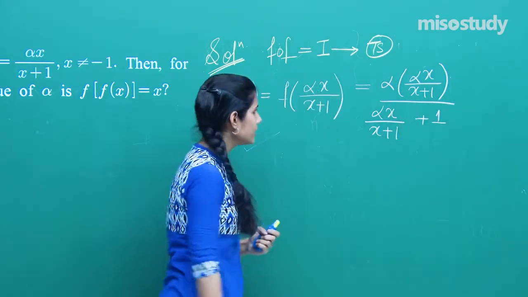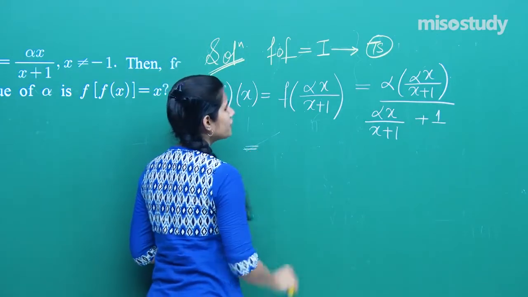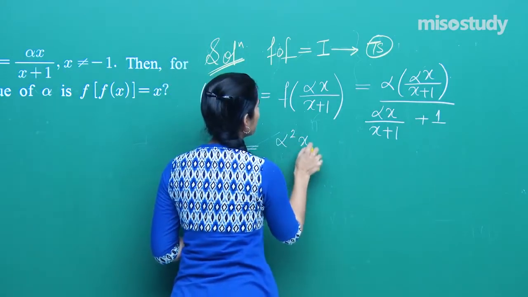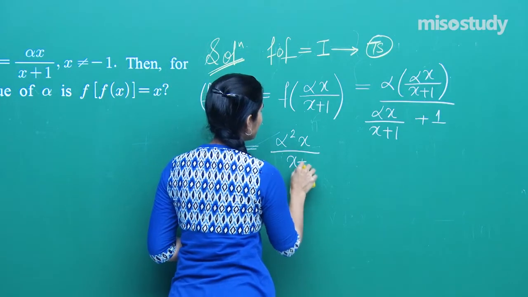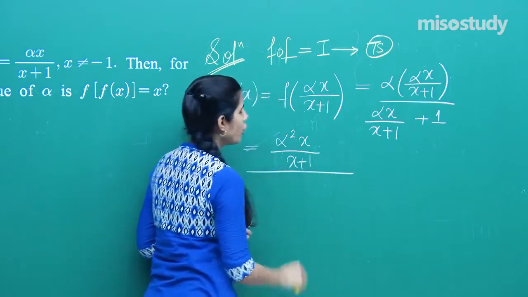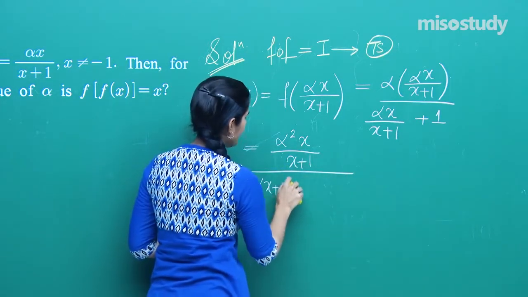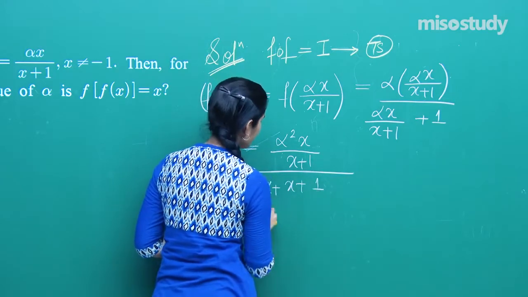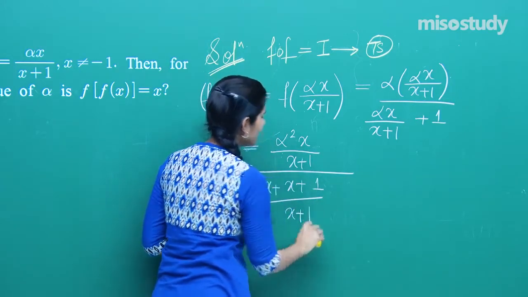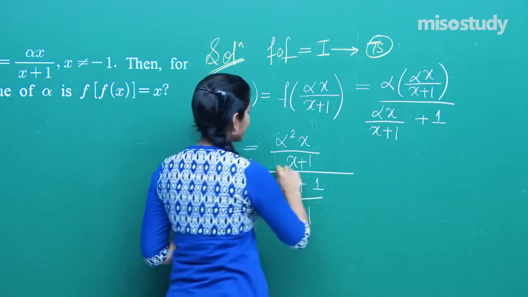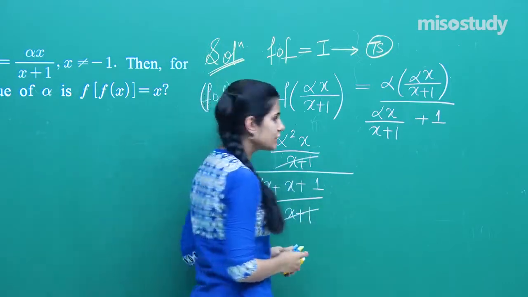That's it. Now just open it up, solve it further. You get alpha square x upon x plus 1 whole upon alpha x plus 1 whole upon x plus 1. Cancel this out. What is it that you get?